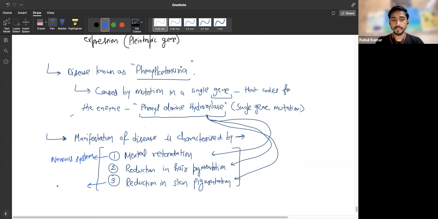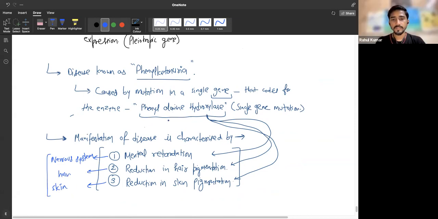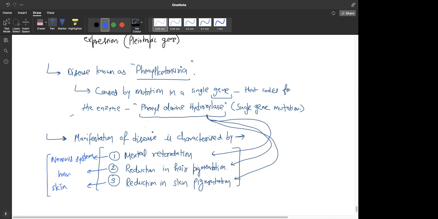So it is also affecting the epidermal layer, the skin, and in this case the hair. So all these three are different systems, but they're caused by one gene. So that is what is meant by pleiotropic gene expression. Is it clear? Yes, sir.